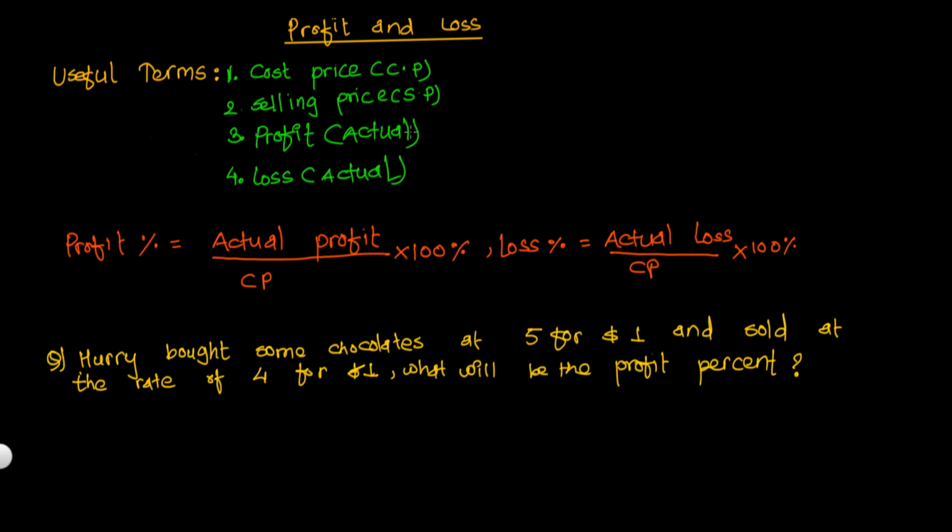Profit. If you gain something when you sell something, if your cost price is lesser than your selling price, or if you sell for more than you have bought, then you will gain profit.